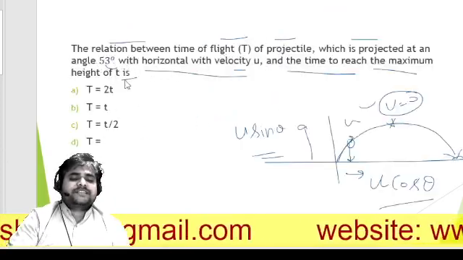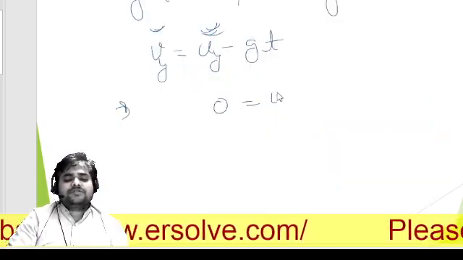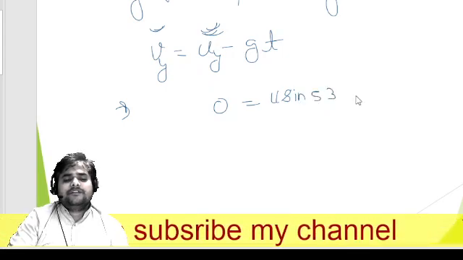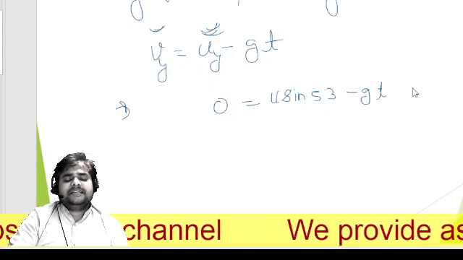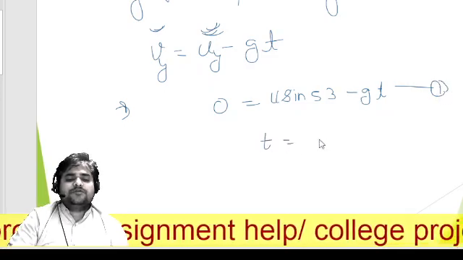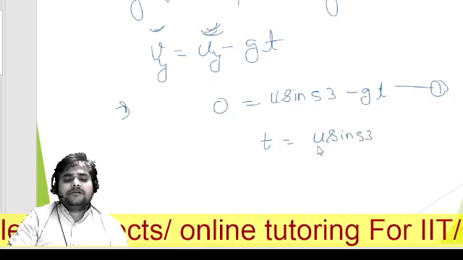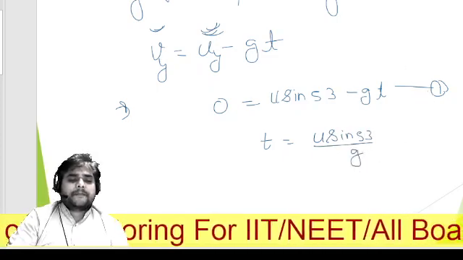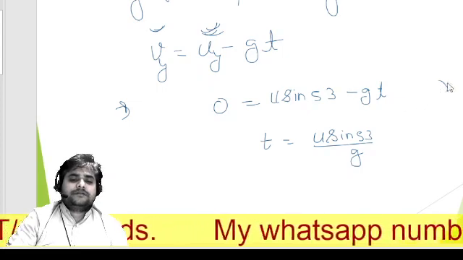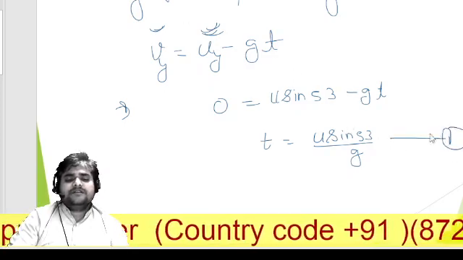Here the angle of projection is 53, and we suppose the initial velocity is u, so it is 0 equals u sin 53 minus g times t, or we can write t equals u sin 53 upon g. Let's suppose this is equation 1.